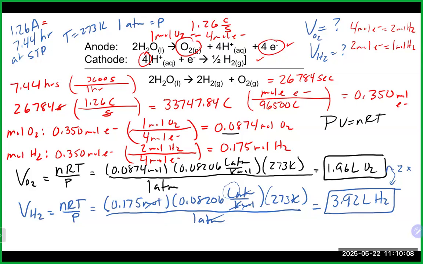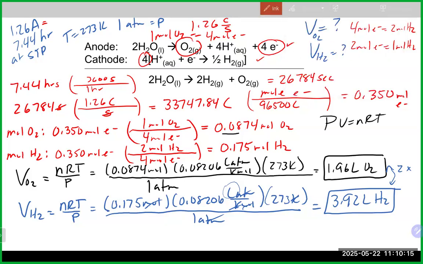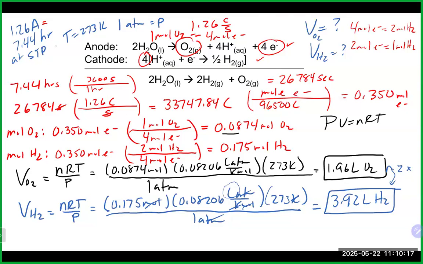First off, any questions on that there? Could I have solved this another way? The answer is yes. If you remember, because this is at STP, maybe you remember that 1 mole of any gas at STP equals 22.414 liters.